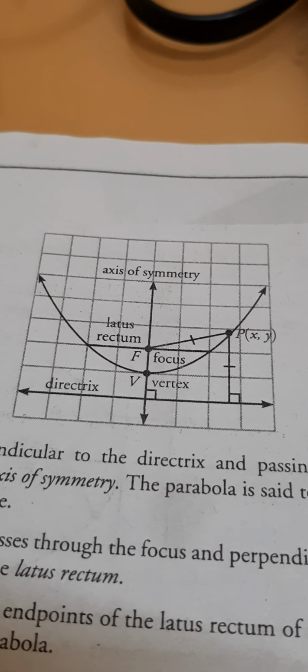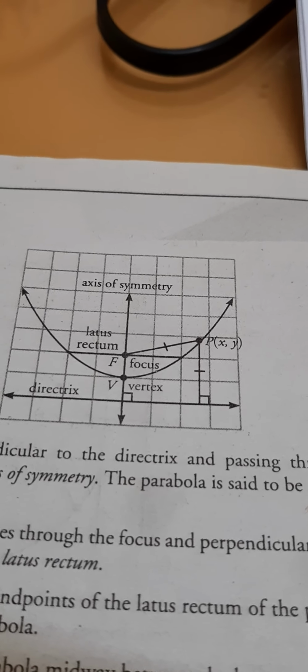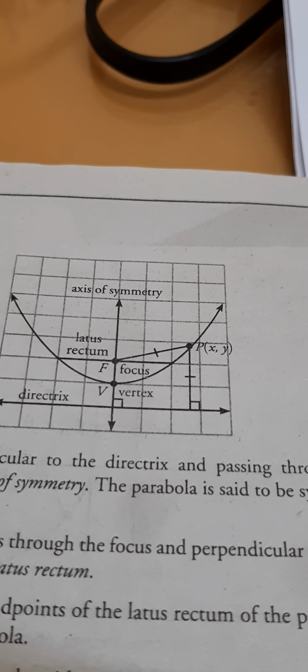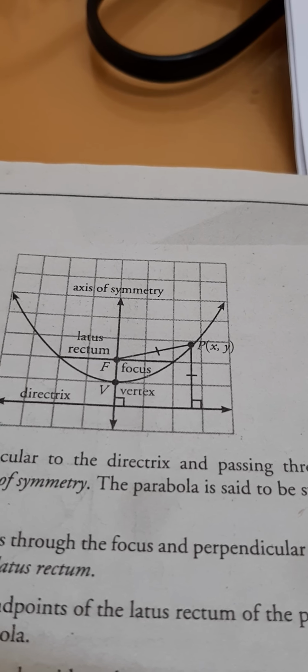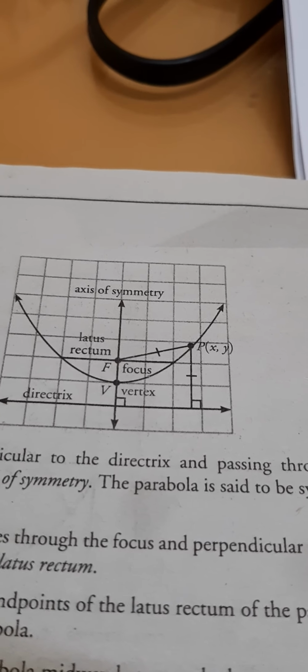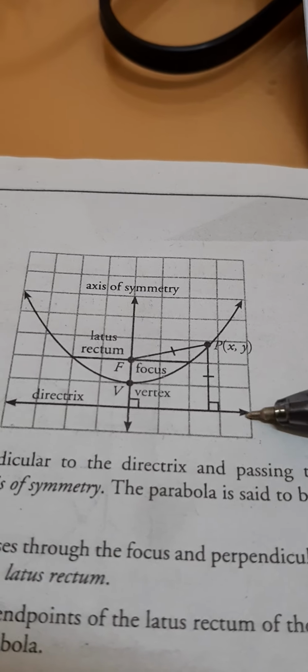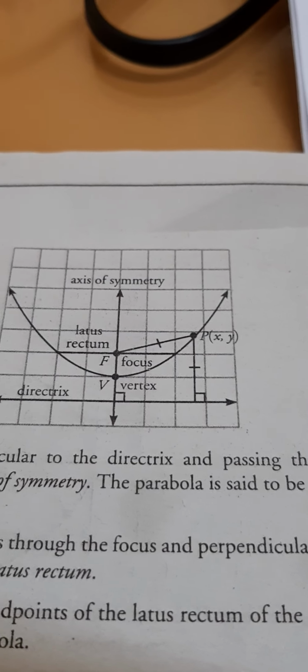And from the definition, the parabola is a set of all coplanar points that are equidistant from a fixed line and a fixed point not on the fixed line. That fixed line is called the directrix. So ito ang ating directrix. And the fixed point is called the focus.